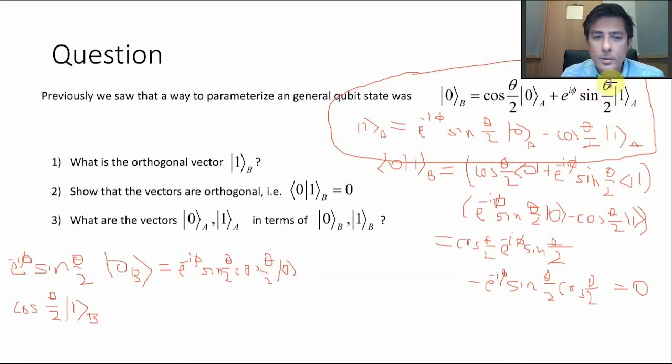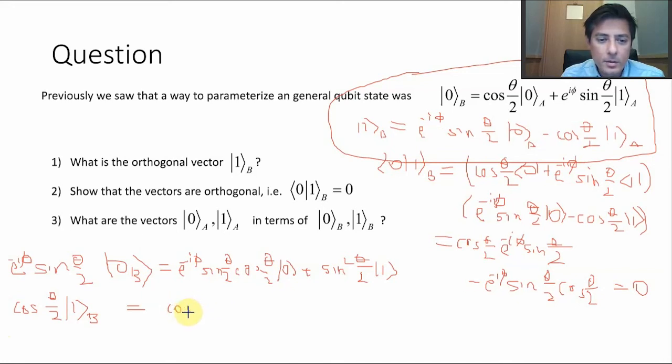And we multiply this term here by whatever factor we've multiplied here by. And what we're going to get, the e to the i phi's are going to cancel, and we're going to get sine squared of theta over 2, 1. For the second term, let's multiply this term by this cosine theta over 2.